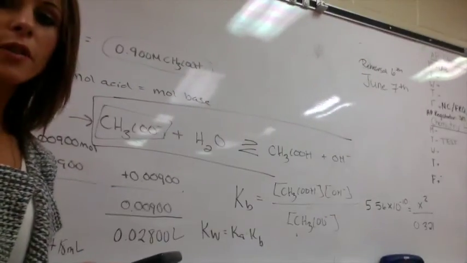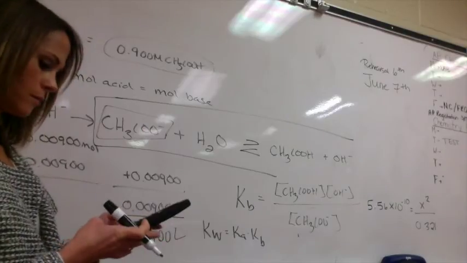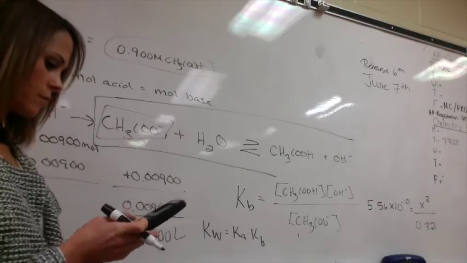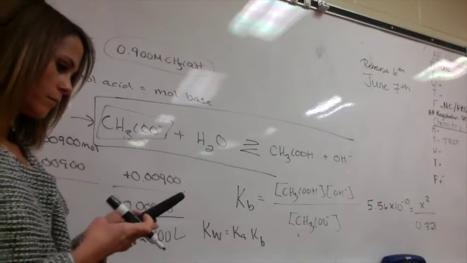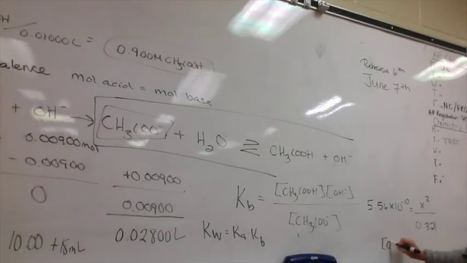So now you're solving for pOH. And so this means X, or my OH concentration, is 1.34 times 10 to the negative 5th.